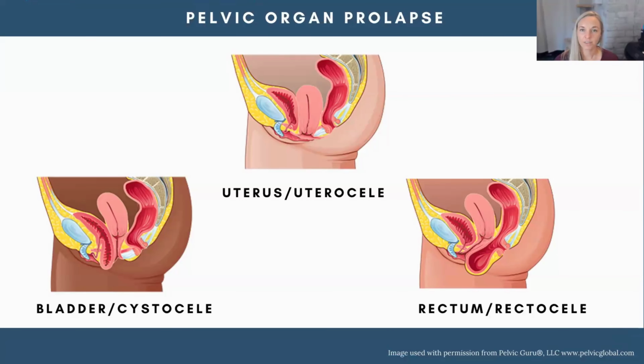In this slide, I wanted to briefly go over what pelvic organ prolapse is. Pelvic organ prolapse is when one of the organs is lowering down in the vaginal canal if you are AFAB, assigned female at birth, or for AMAB, assigned male at birth, there can be some pelvic organ prolapse too.